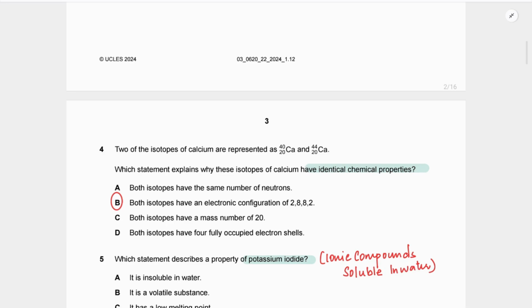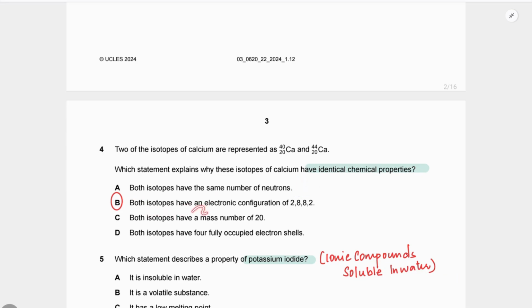Question 4. Two of the isotopes of calcium are represented as 40 calcium 20 and 44 calcium 20. Which statement explains why these isotopes of calcium have identical chemical properties? When isotopes have identical chemical properties, it is because of their electronic configuration, because of their atomic number. So let's see. Both isotopes have the same number of neutrons, which is incorrect.